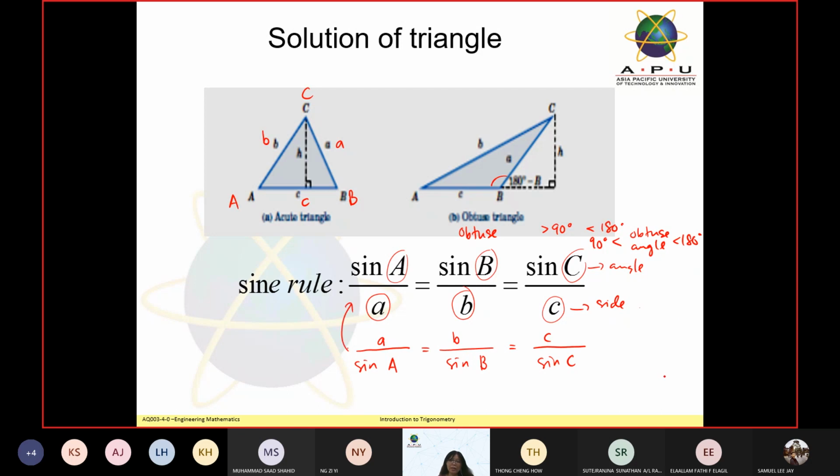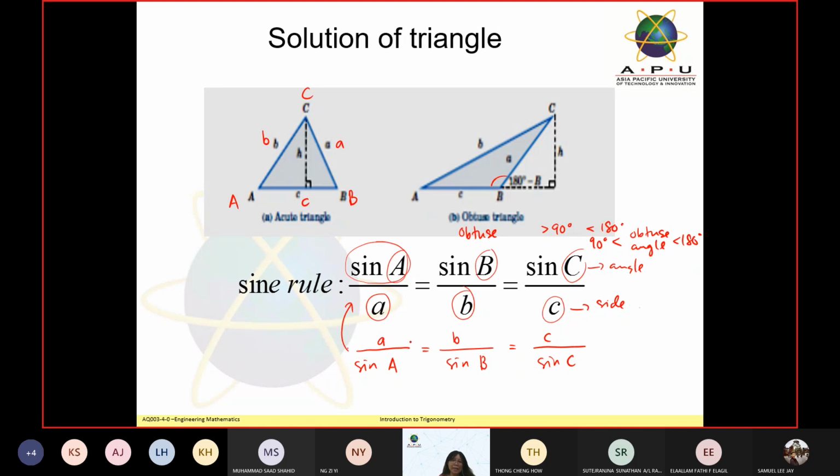Why do I put the side on the top and the angle at the bottom? Because sometimes when we solve a problem, if you want to find the angle, it will be more convenient to put the sine on the top.